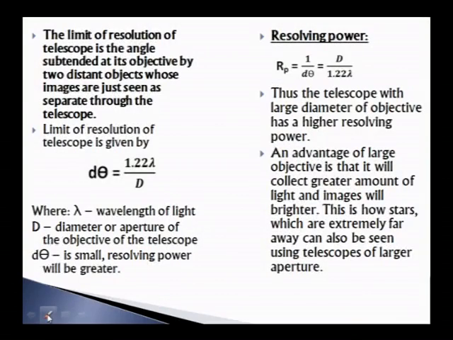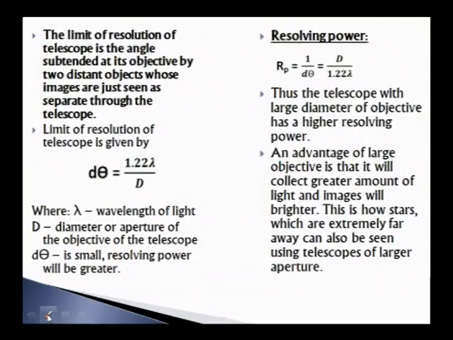Here the angular separation, that is d theta, is given by a very interesting formula, that is 1.22 lambda divided by d. Here 1.22 is a constant and lambda is the wavelength of the light, and d refers to the diameter of the objective of the telescope, that is the lens which is pointing towards the object.